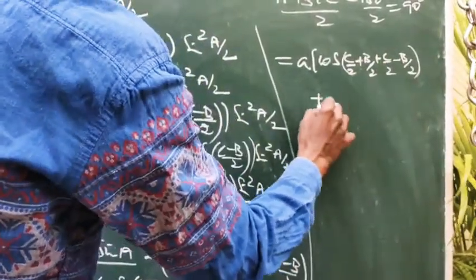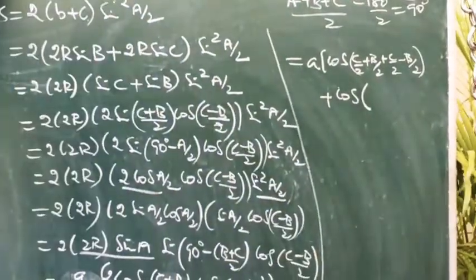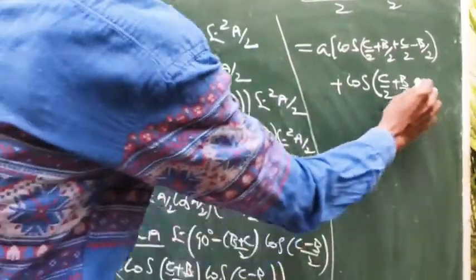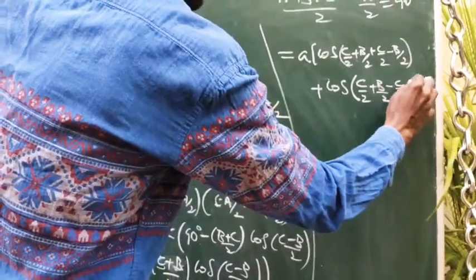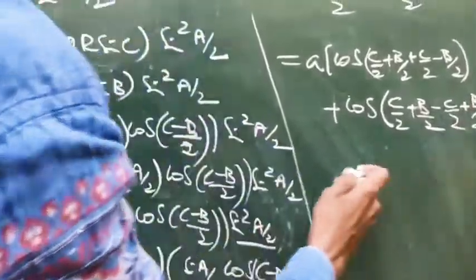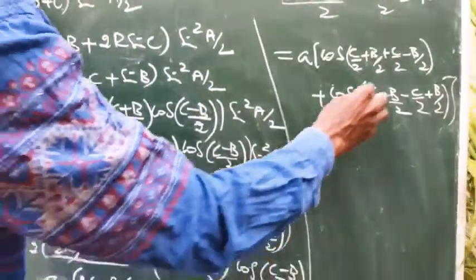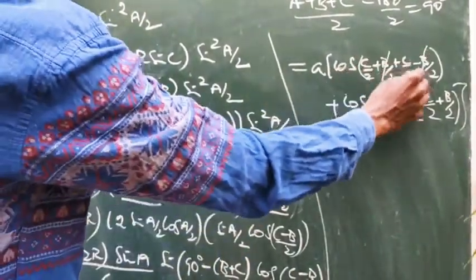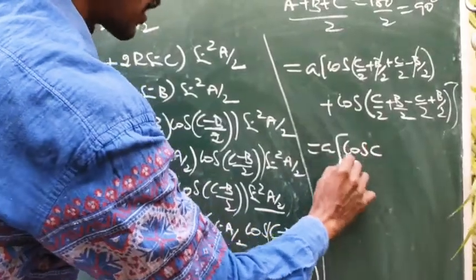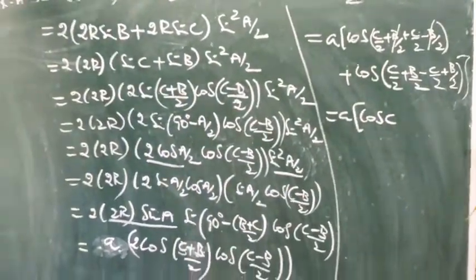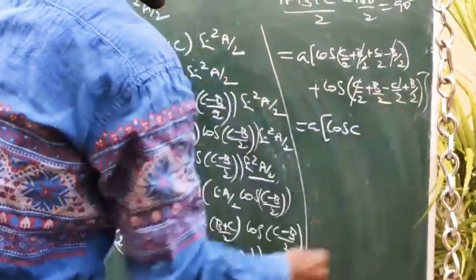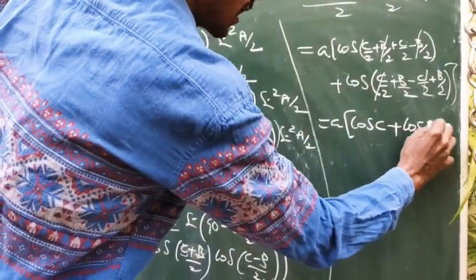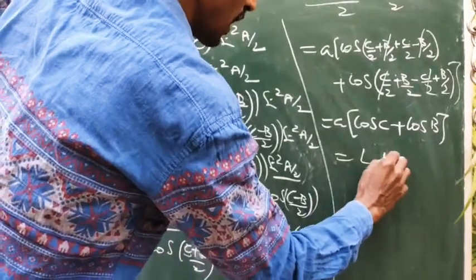So sum of the 2 into difference of the 2, c by 2 plus b by 2 multiplied by the negative minus c by 2 plus b by 2, okay. So a into b by 2 cancel, 2 times c by 2 is c, so cos c, okay. And c by 2 minus c by 2 cancel, 2 times b by 2, that is cos b. So that is the LHS.